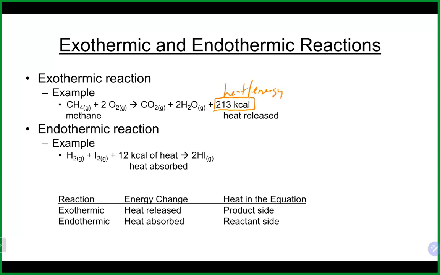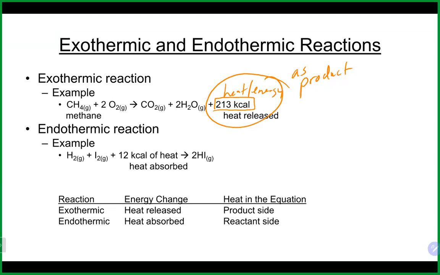And sometimes just generically they'll write heat or energy into the equation. If it's an exothermic reaction, we think of heat and energy as a product on the right-hand side of the arrow, like it's being given off.